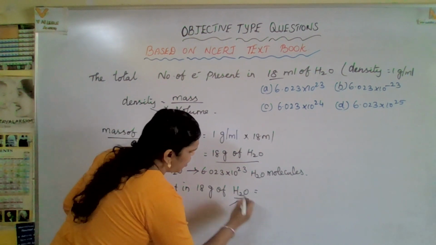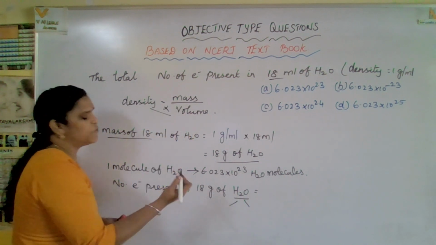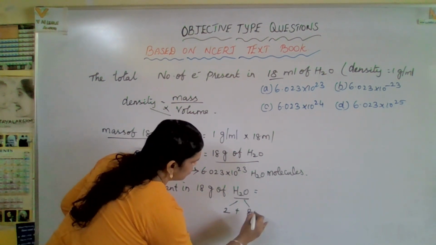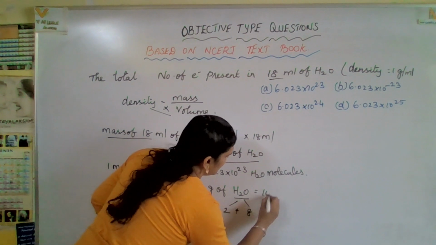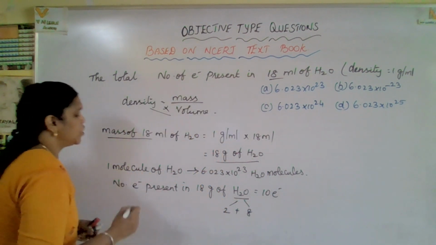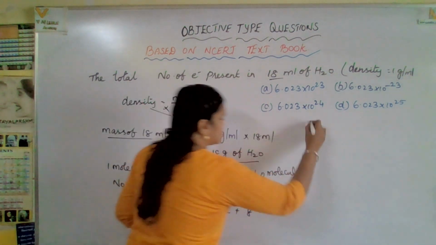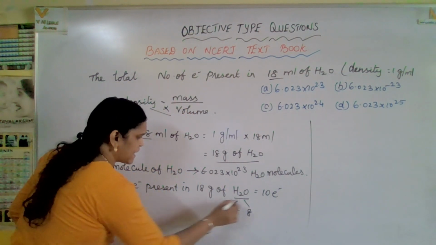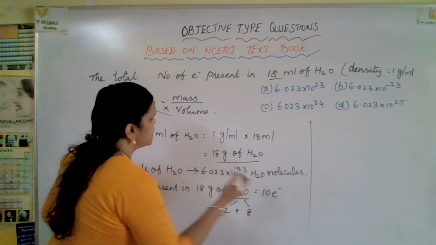See here, how many electrons are present in a water molecule? Here hydrogen 2 plus oxygen 8. Altogether it is 10 electrons. Right. So the number of electrons present in a water molecule is 10.